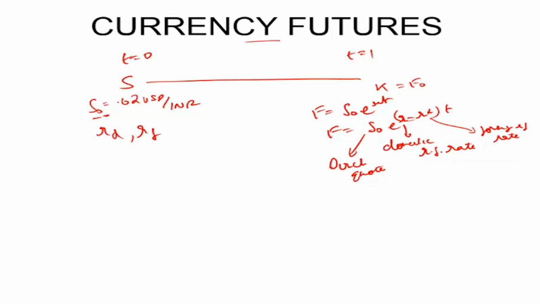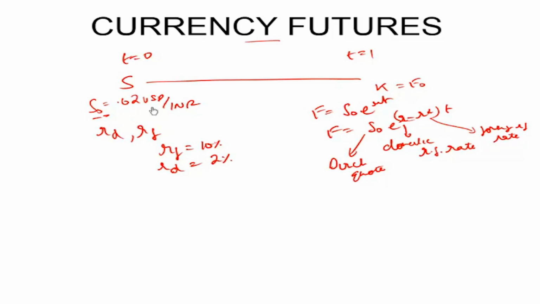Now, if the currencies were not to change, let's say 0.02 USD per INR would persist, and the risk-free rate in India was 10% and the risk-free rate in the US was 2%. Then is there an arbitrage opportunity?